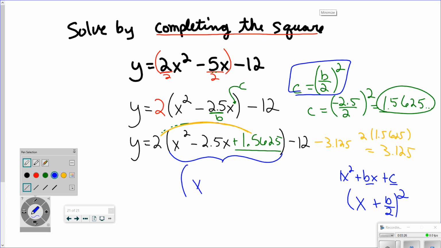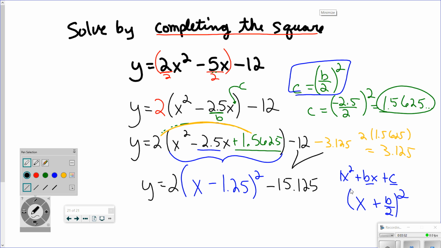So we have x plus our b term, which is negative 2.5. Dividing that by 2, we have minus 1.25 squared. And then we bring everything else down. So y equals 2. Combining my like terms out there, negative 12 minus 3.125 is minus 15.125. Okay, so we've converted from standard form to vertex form. That process is called completing the square.